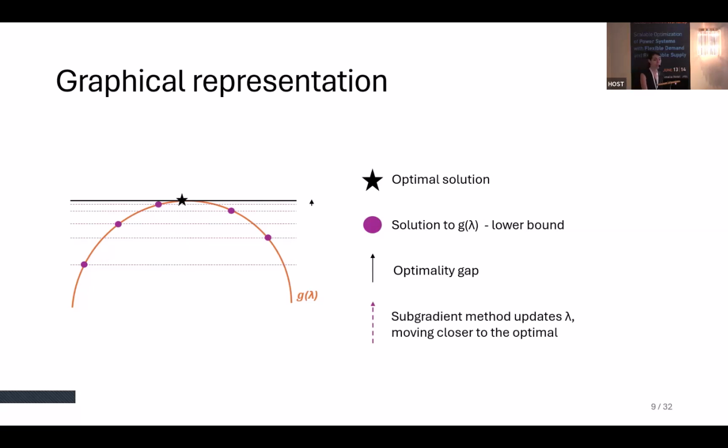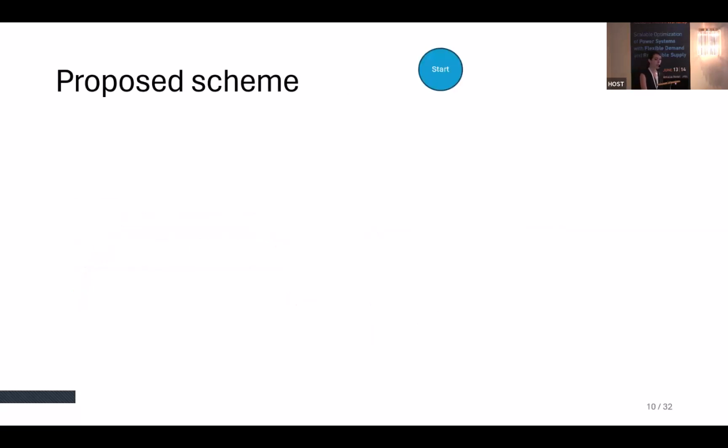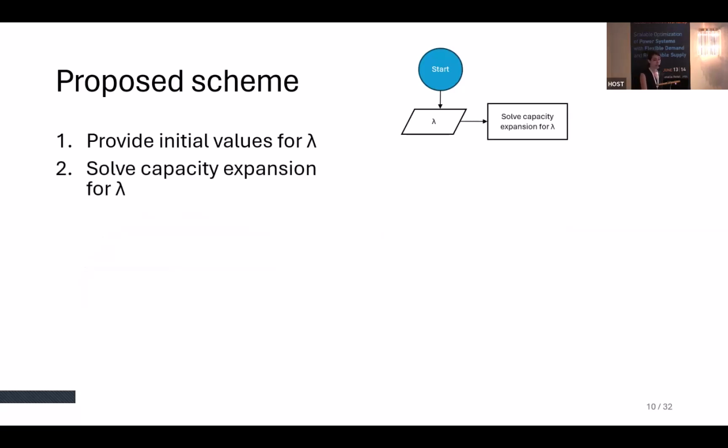So let's put this in an algorithm. We provide initial values for lambda. It can be anything; it can be 0, it can be very low. Of course, the closer you are to your optimal, the fewer iterations will be required. For every lambda, we solve this g of lambda, so we will be solving a capacity expansion with lambda being the penalization of load shedding.